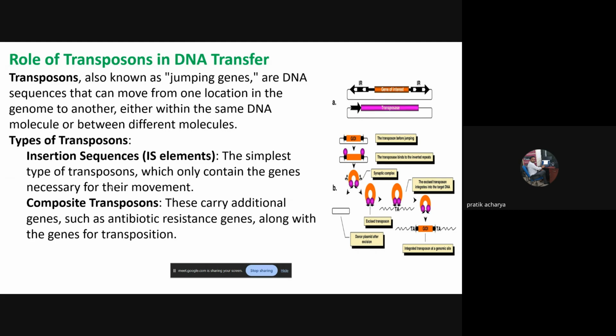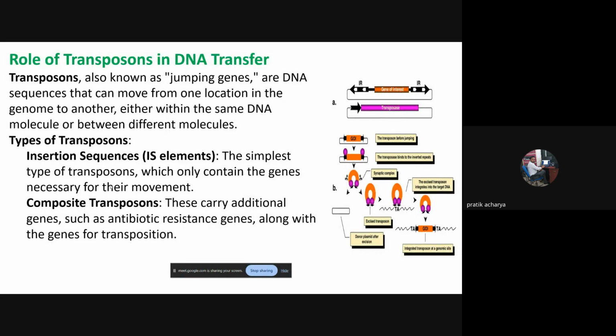These are basic ideas regarding transposons and transposition. Transposition is the process by which transposons change their location.